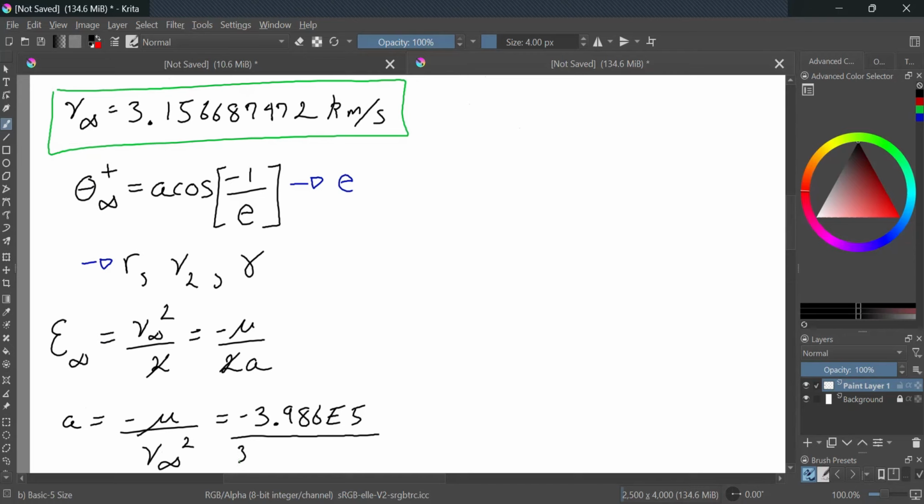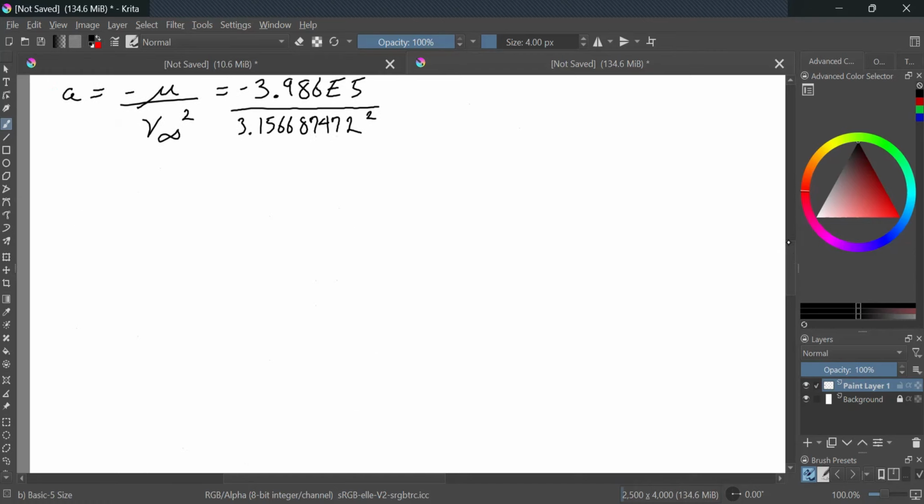So, 3.156687472 squared. So you solve for that, and that will get you a number that is suspiciously close to minus 40,000.